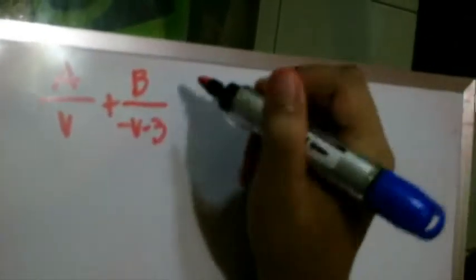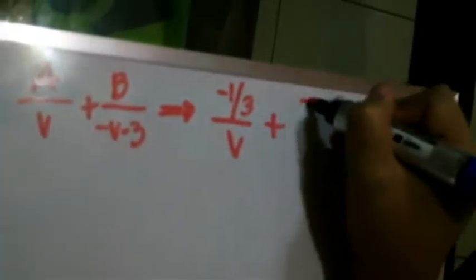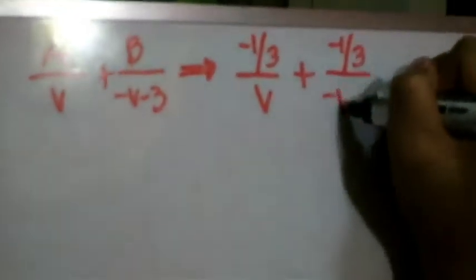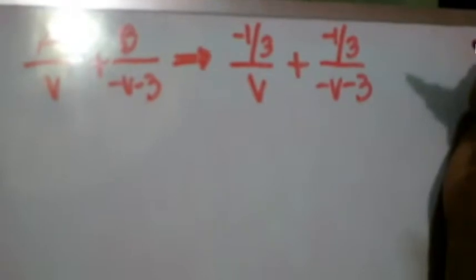From the partial fraction equation, a over v plus b over negative v minus 3, and with the values of a and b as negative 1/3, we have negative 1/3 over v plus negative 1/3 over negative v minus 3.